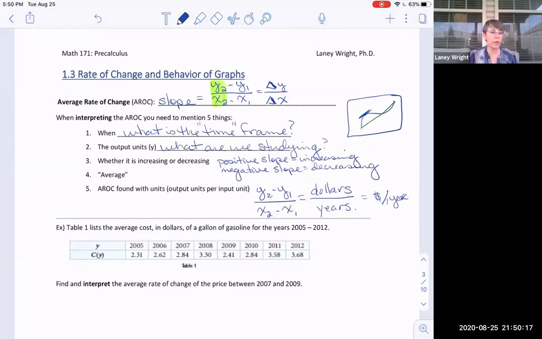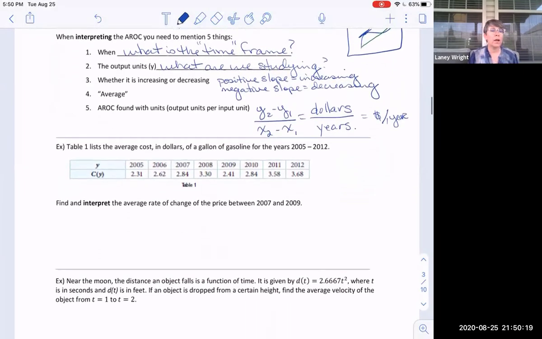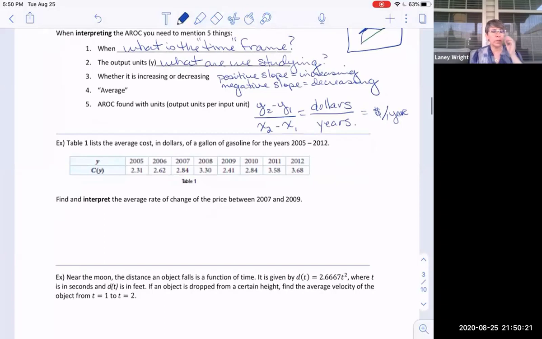Okay, so let's actually do one, kind of put it all together. I'll leave those up so we can see them though. So we got table 1 lists the average cost in dollars of a gallon of gasoline for the years between 2005 and 2012. Now it didn't look like it increased consistently. Between 2005 and 2006, it increased by 31 cents, but between here and here, it increased by 22 cents.